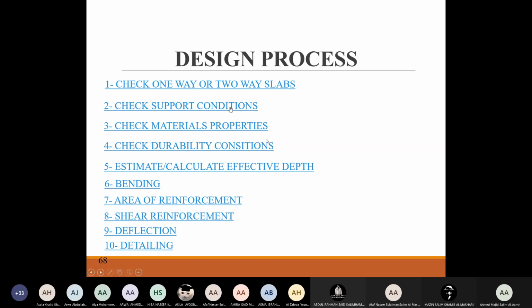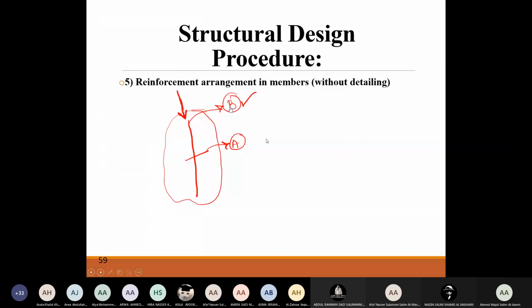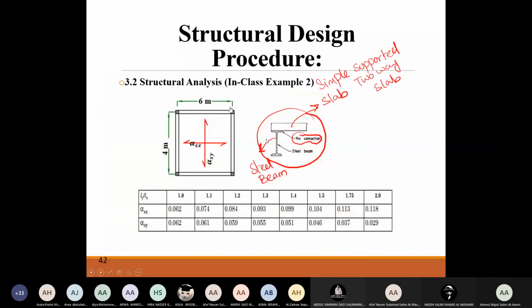Do I need to check whether the support is going to be restrained or simple, or is it not important? Will the value change if it's simple or restrained? If you remember, we talked about this simple case.